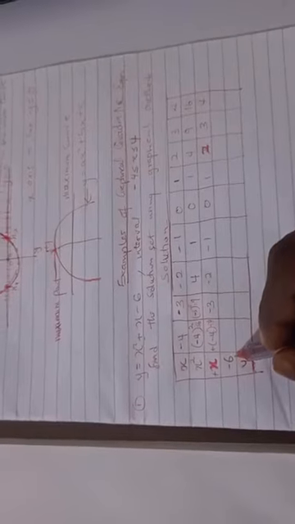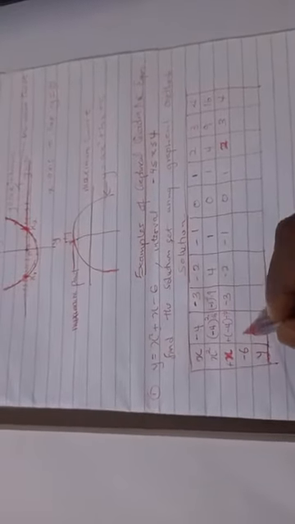Then plus x, so it's plus -4, which is the same thing as -4. So x is -3, -2, -1, 0, 1, 2, 3, and 4. Now when you get to the constant, you see the constant is the same. So you repeat it in all the rows: -6, -6, -6.